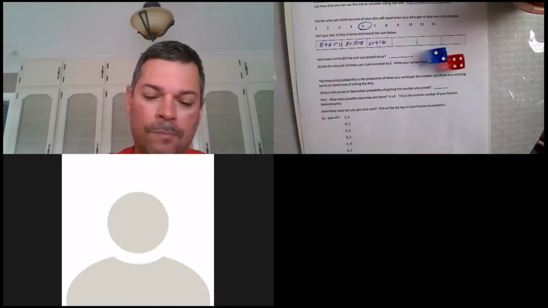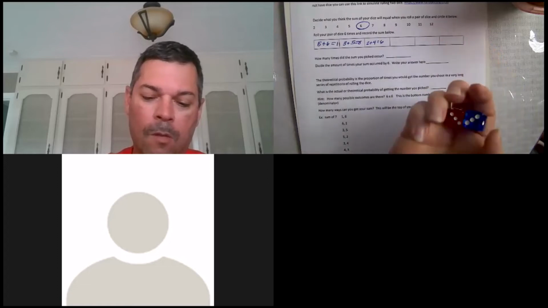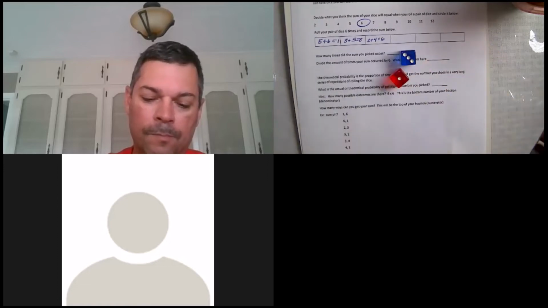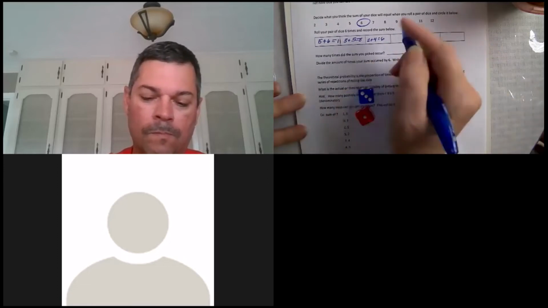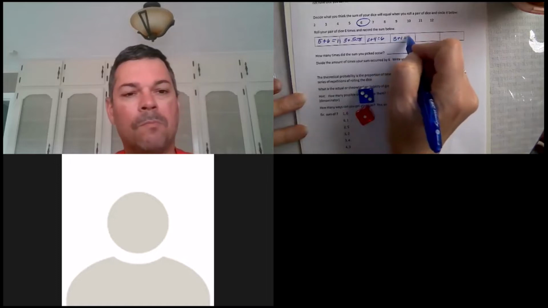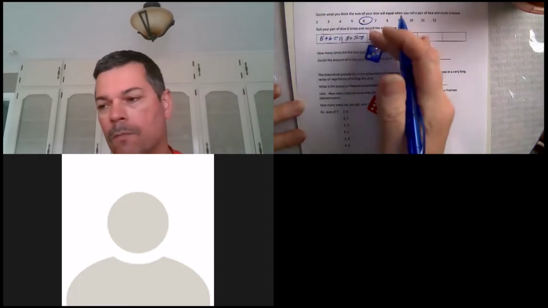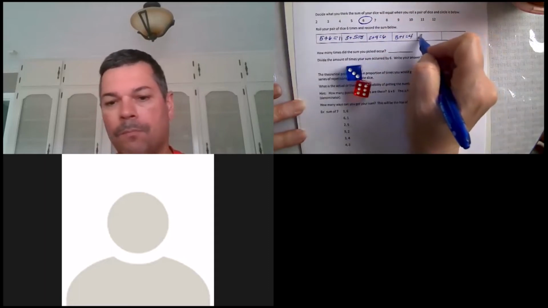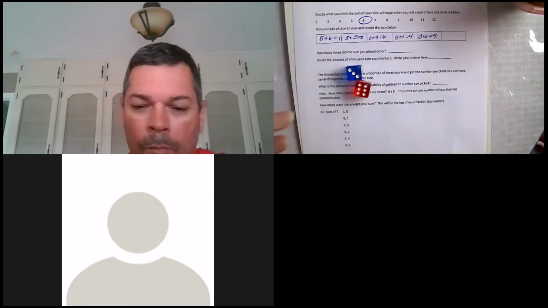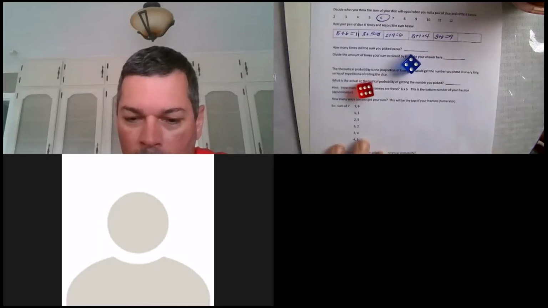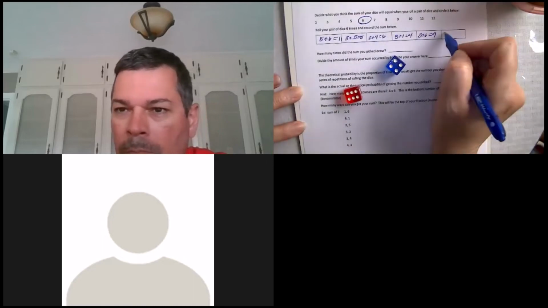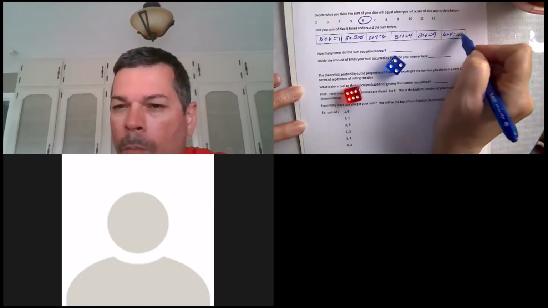So that time I did get the number that I chose, the sum of the 2 dice. So this time I got 3 and 1. 3 plus 1, that equals 4. Then I got 3 and 6. That equals 9. And my last one, I got 6 and 4. 6 plus 4, that equals 10.